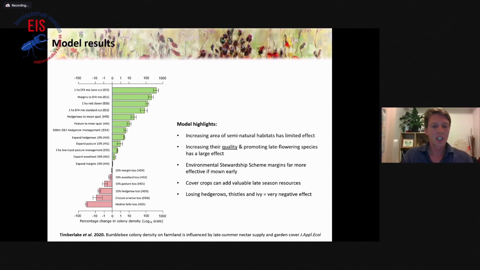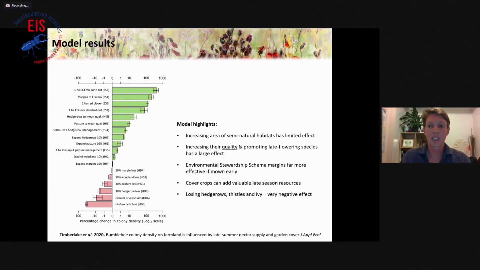I won't go into each result in detail, but just to pull out some highlights. Interestingly, increasing the area of semi-natural habitats on farmland actually had a very limited effect on the bumblebee populations. This was because the supply of resources in these habitats in late summer was already so low that changing their area didn't have much effect overall.